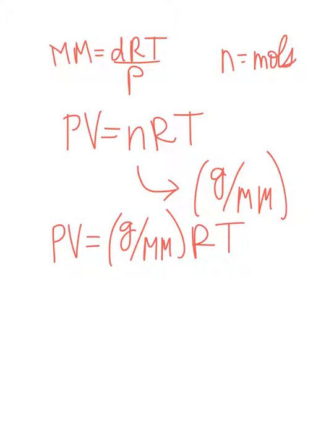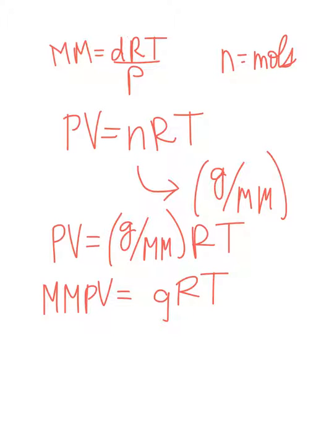And then what we're going to do here is multiply by molar mass on both sides. So let's rewrite that part and see what that looks like. So if we multiply by molar mass on both sides, it's going to look like this: molar mass times PV equals grams times RT.